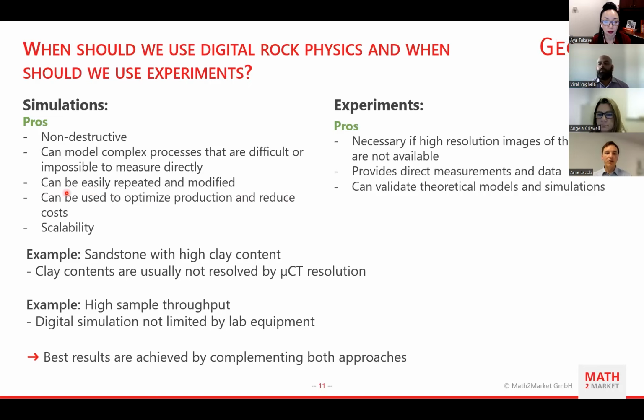And then it is very good if you want to optimize the production and reduce costs. That is also true for experiments, of course, because it will decrease the amount of uncertainty you have inside of your reservoir. And then I've mentioned it earlier, the scalability. The only barrier for more simulations is the computational power you have available.